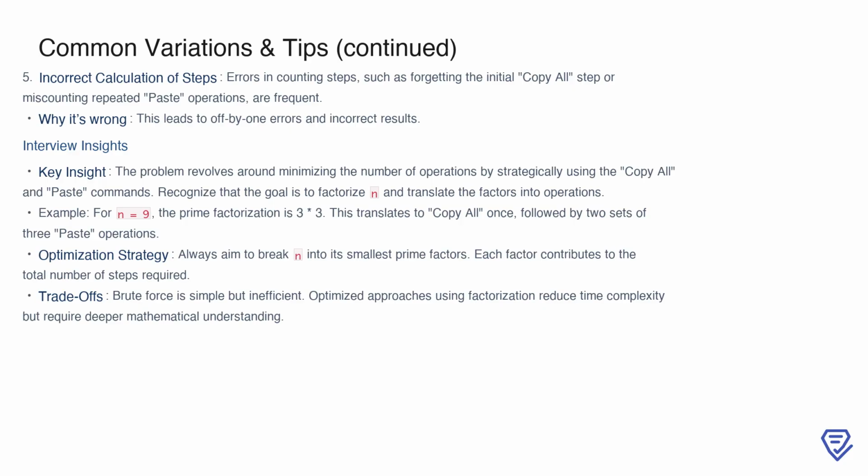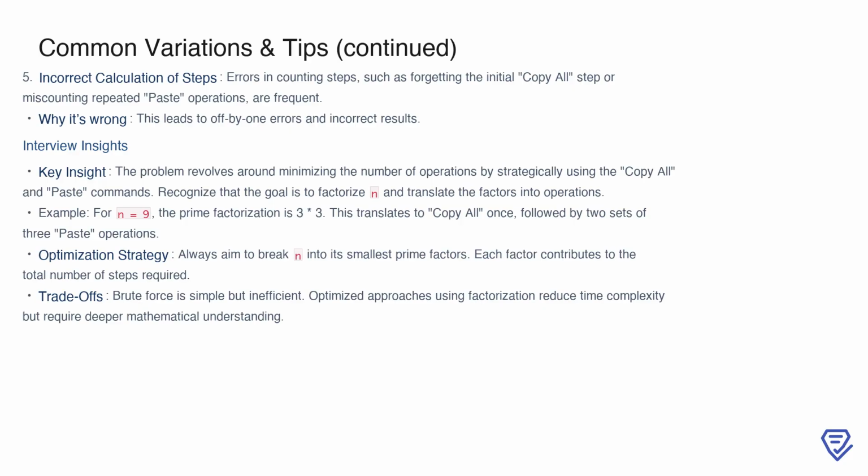A critical insight for solving this problem efficiently is recognizing that the goal is to minimize the number of operations by strategically using the copy all and paste commands. This boils down to factorizing n and translating those factors into operations. For example, if n is 9, its prime factorization is 3 times 3. This means you would perform one copy all operation, followed by 2 sets of 3 paste operations.